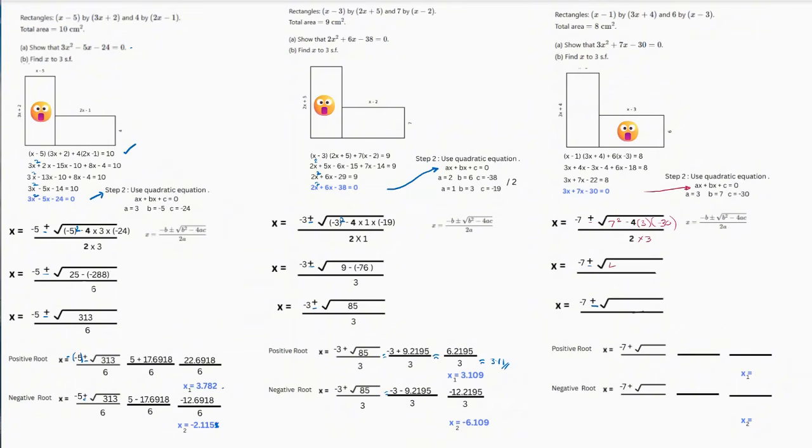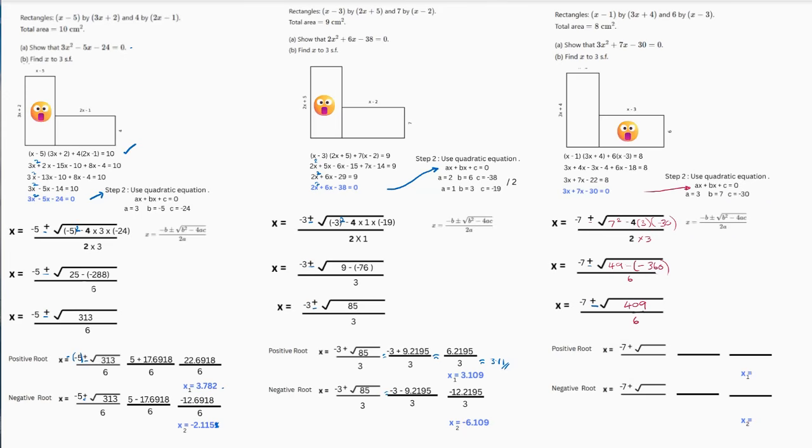Pop that into the calculator, we get 49 minus 360. And we're going to divide that by 6 now. And then we're going to get 49 minus 30 is 409 because it becomes a plus. You can put that into your calculator, gives us our 6.